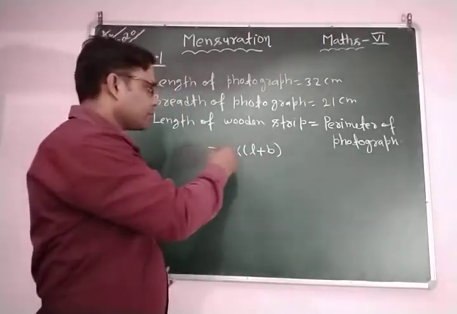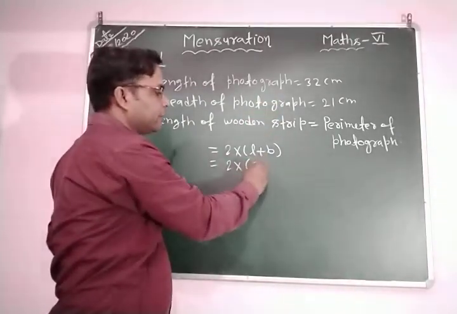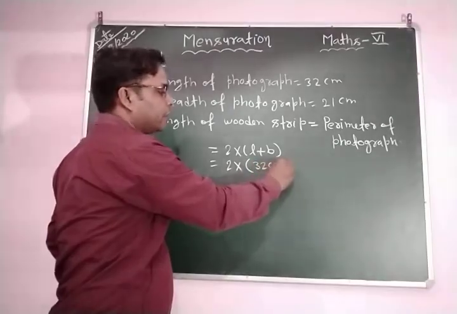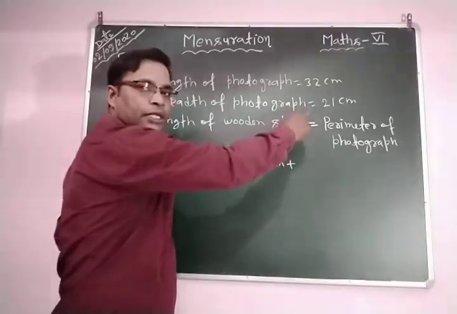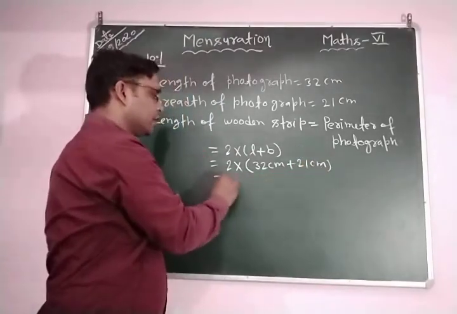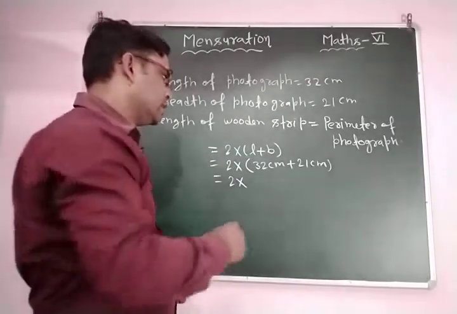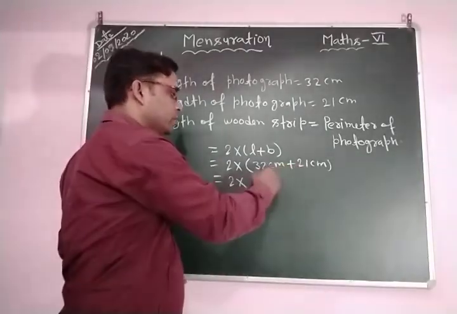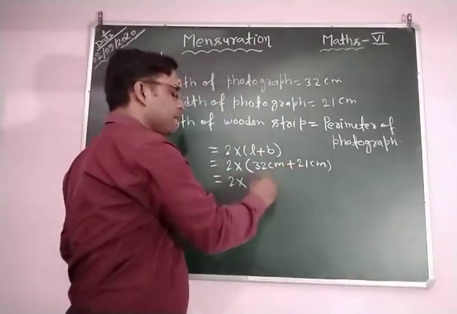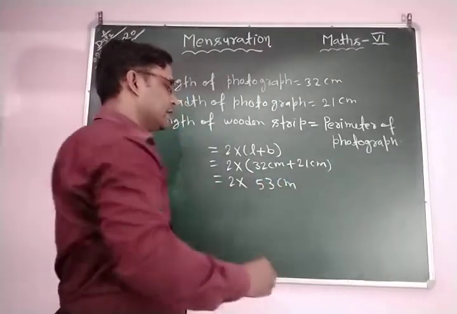So 2 into (L, which is given here as 32 centimeter, plus breadth, which is given here as 21 centimeter). Now 2 into (32 plus 21): 1 plus 2 is 3, and 3 plus 2 is 5, so 53 centimeters.